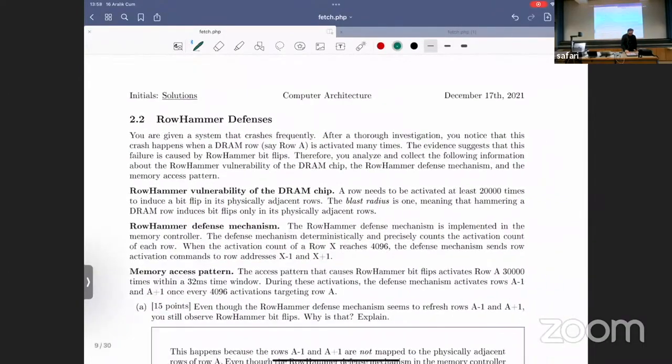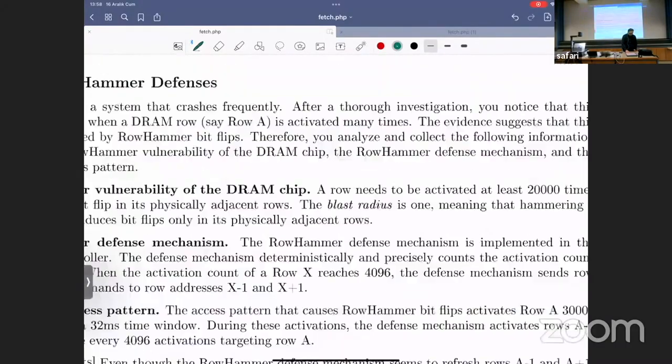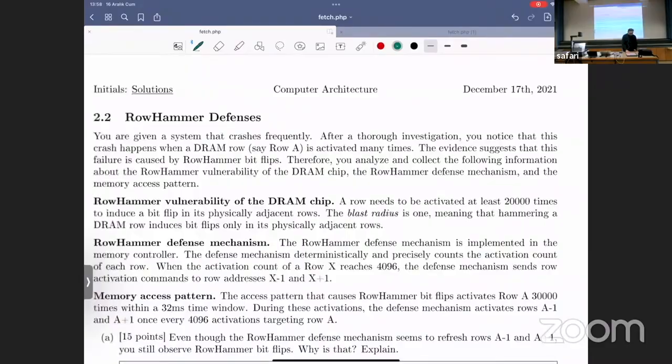Okay, so about RowHammer defenses. Here there's a lot of text, but I'll try summarizing it. What we do is observe that when we run some workload on some system, we see some bit flips.